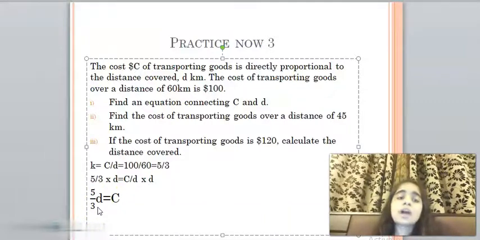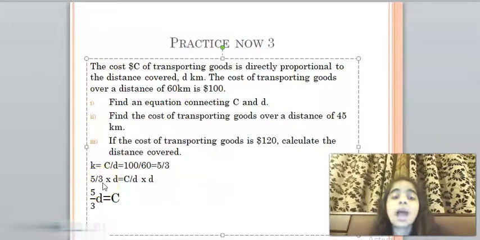Now let's look at part 2. Find the cost of transporting goods over a distance of 45 kilometers. Now we have the distance, but we need to find the cost. If you remember, in my previous video, I did a question similar to this. So the distance 45 is given. So this distance 45, I will put here in the equation.